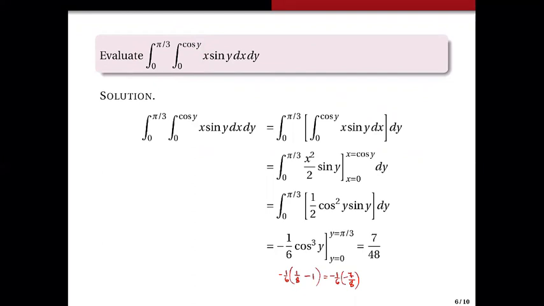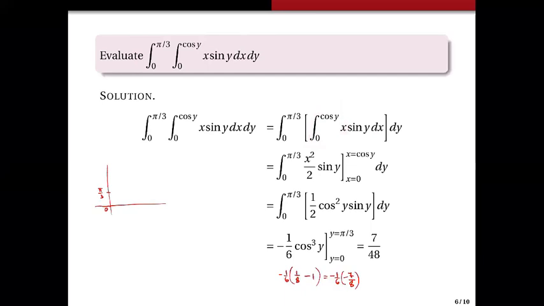So if we actually do that, you will have your function. So this is your pi over 3. This is your 0. Then that's your 0. And at x equals 0 in here, take note, x equals 0 until x equals cosine y.